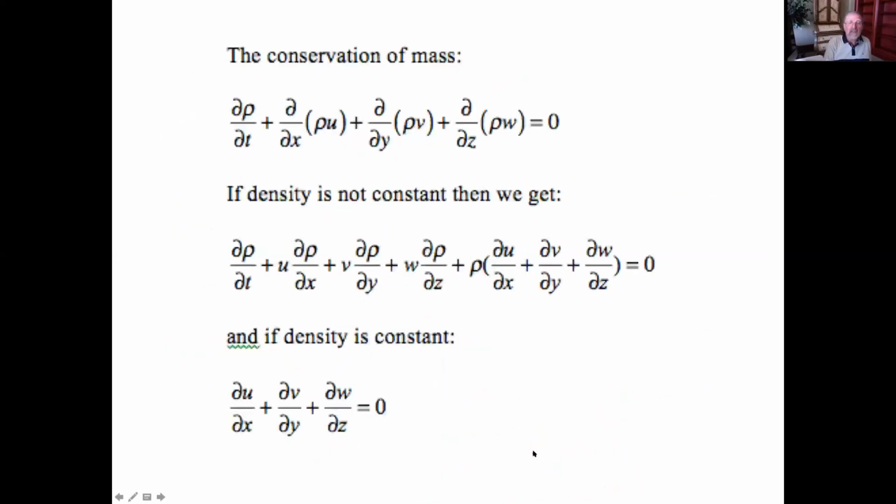This is the equation I showed before, but if you really want to be correct mathematically, you can open it up, because this is a multiplication. So for a compressible fluid, this is the term for compressibility, because then density can change. If density is fixed, then these terms disappear, and then eventually we end up with that equation.